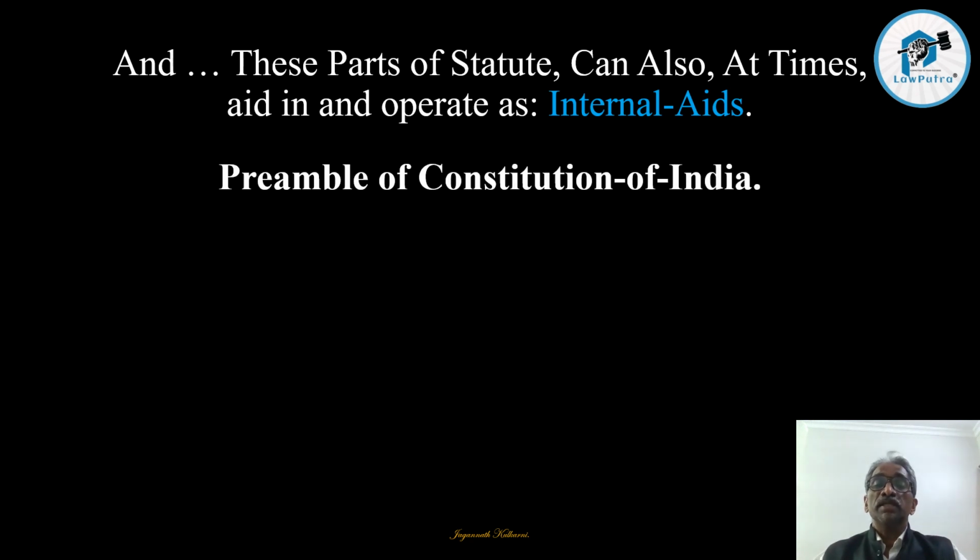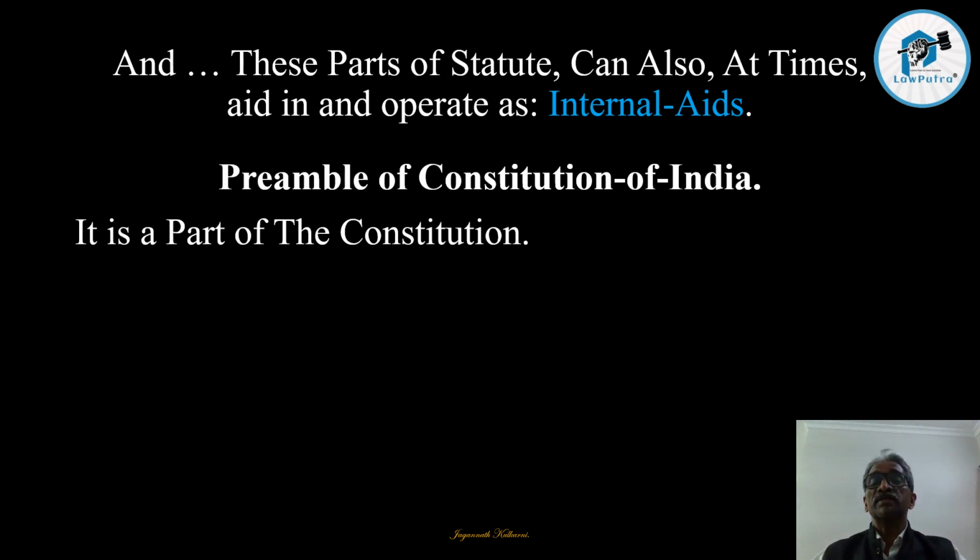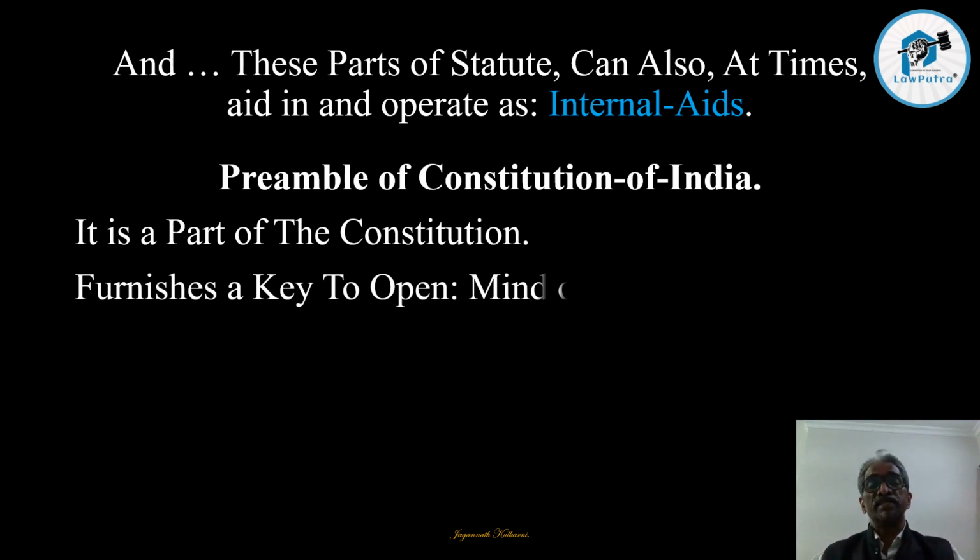But remember, even though a preamble is not considered as part of the enactment, the exception is the preamble of our constitution, because it is considered a part of the constitution. This is the only exception, because the preamble of the constitution furnishes a key to open the mind of its makers, the constitution makers.